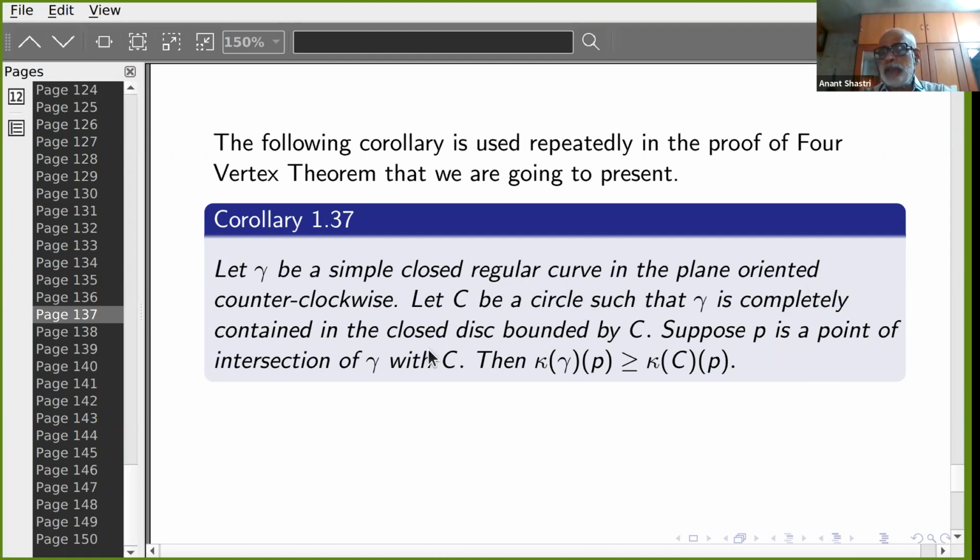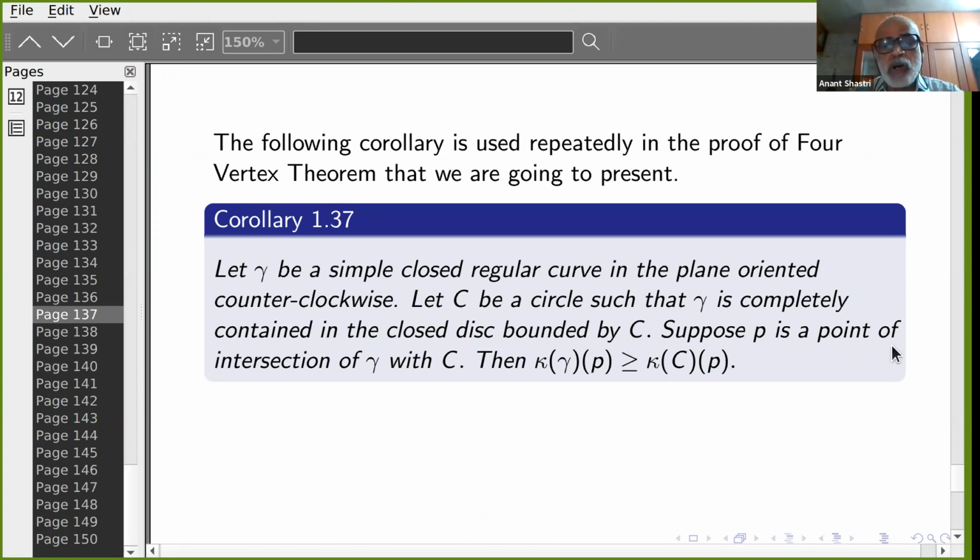Since we are talking about plane curves, this makes sense. Let C be a circle such that gamma is completely contained in the closed disk bounded by C. So the curve is inside the circle, but it may touch the circle also.